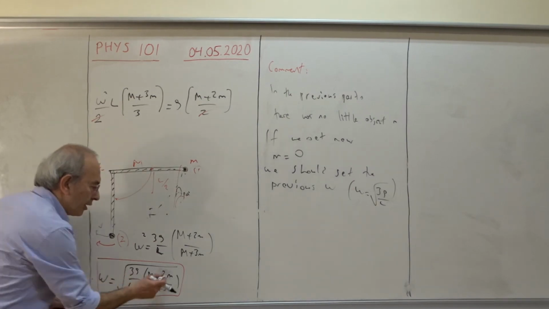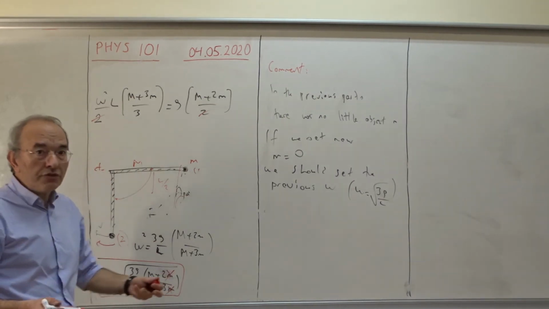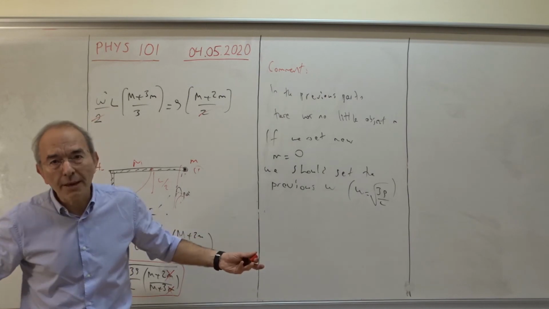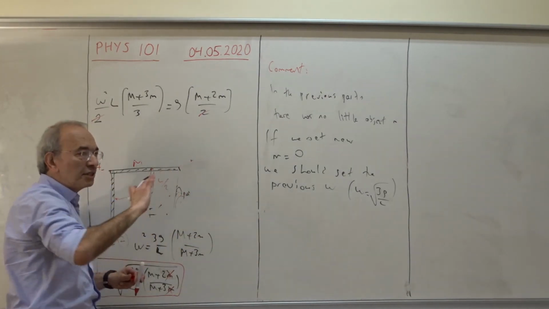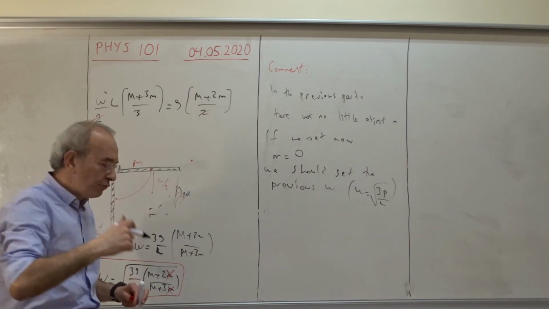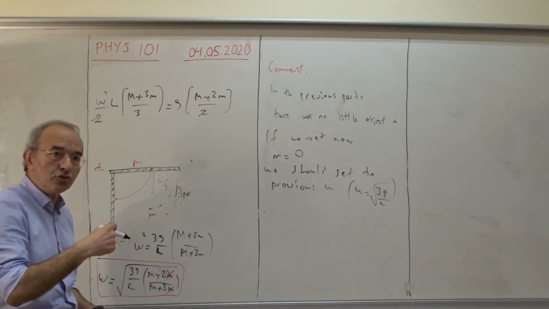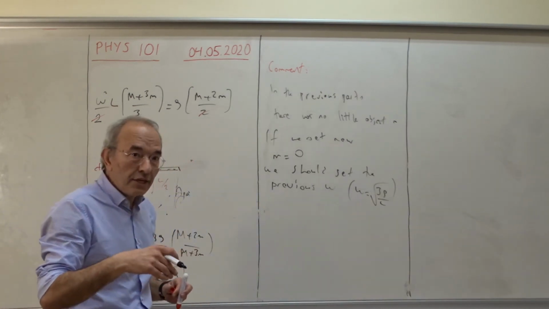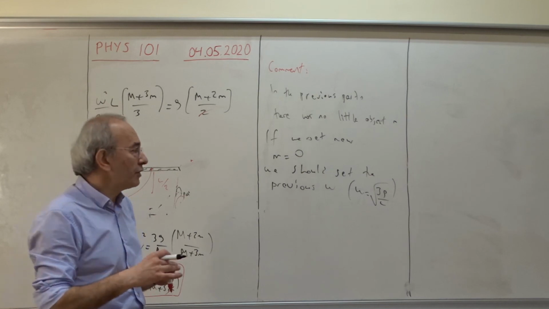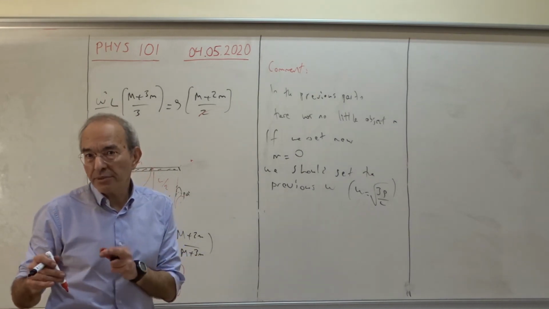Now, if you set little m to 0, because if you don't put any little object, there's no little m, you are left with just a single rod. And from this result, it should reduce to the previous omega, which was root 3G over L. If it reduces, it is alright. If it doesn't, then it means we made a mistake.